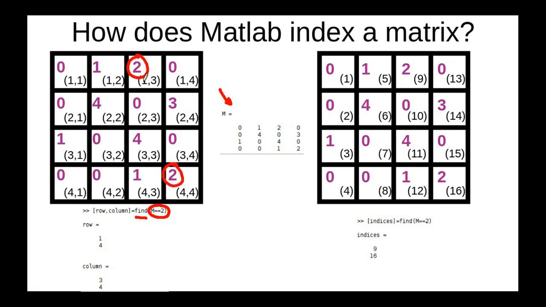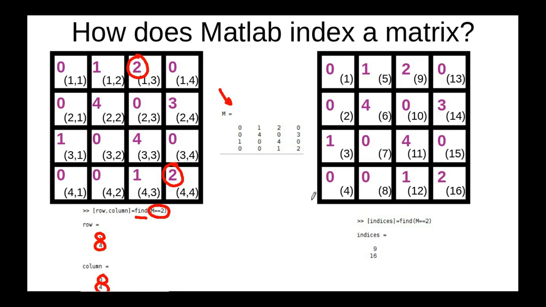So it's first row, third column, fourth row, fourth column. So when I ask MATLAB to find all those elements within the matrix M that have a value of 2, MATLAB returns row 1, column 3, row 4, column 4.